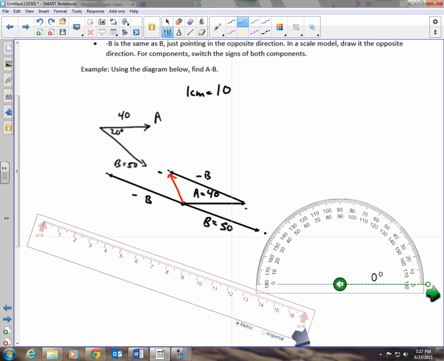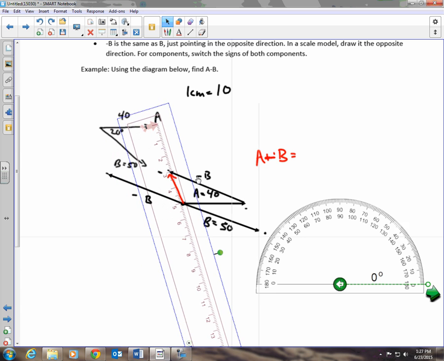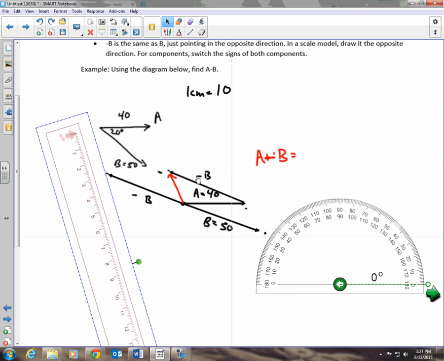Now to find the result of that, I'm just going to draw it from the origin to the last thing I drew. So now I need to find the length. So a minus b has a length of basically the length from about 3 to about 5, so 2. So that's 20.